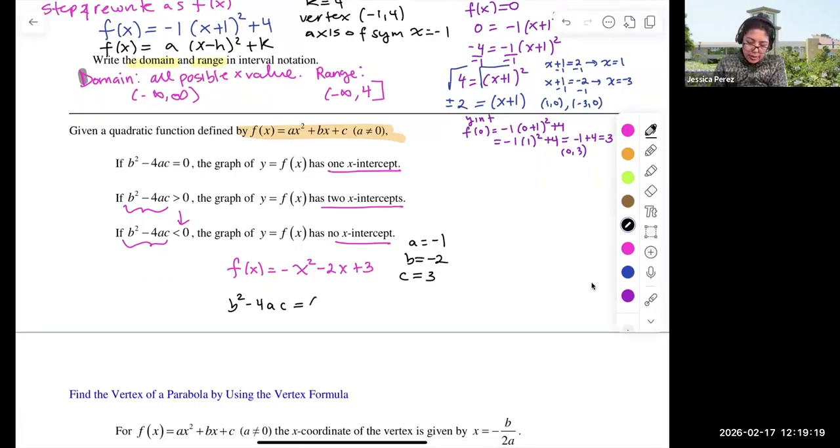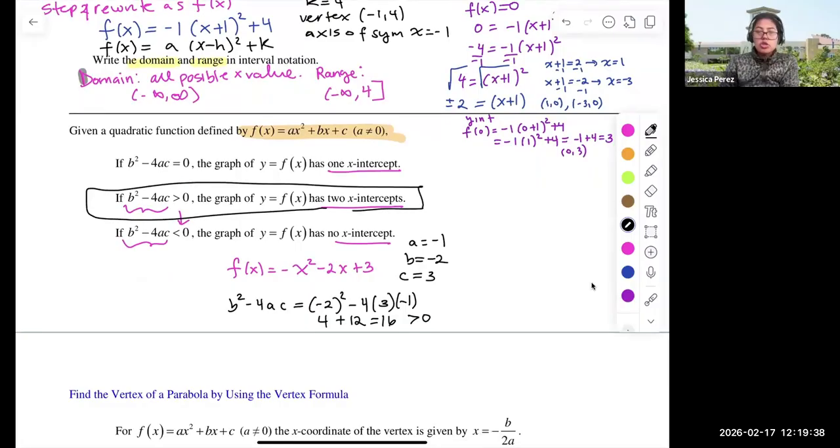So b squared is (-2) squared minus 4ac, which is 3 times -1. We get 4 plus 12, because -4 times 3 is -12, times -1 is +12. That's 16. 16 is greater than 0. That means we will have two x-intercepts, which is true. We did indeed have two x-intercepts.